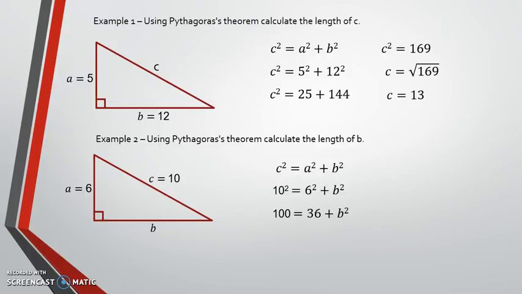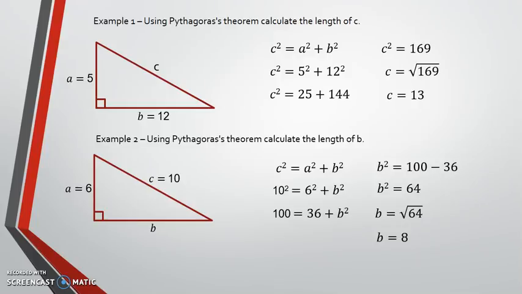Let's move the 36 across the equal sign to join the hundreds. So we've got B squared equals 100 minus 36, or B squared equals 64. Now in order to find B, we need to find the square root of 64. So B equals the square root of 64, B equals 8.